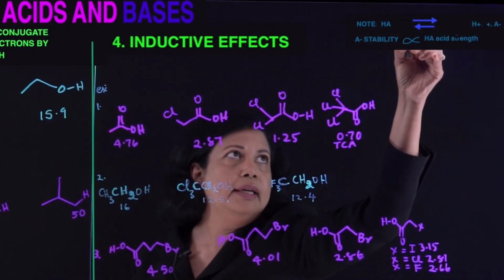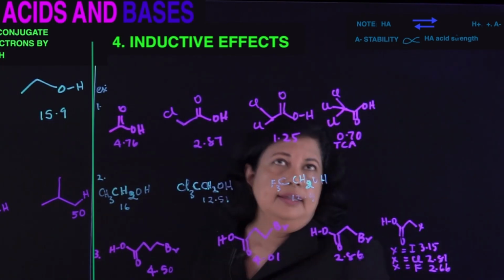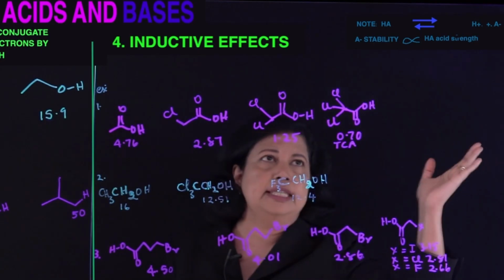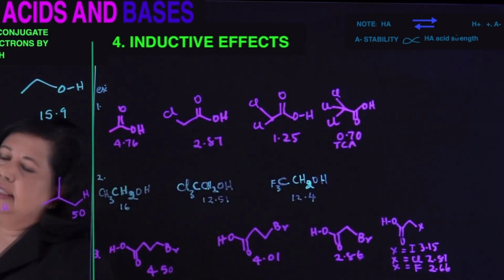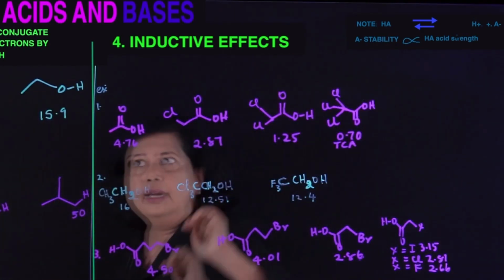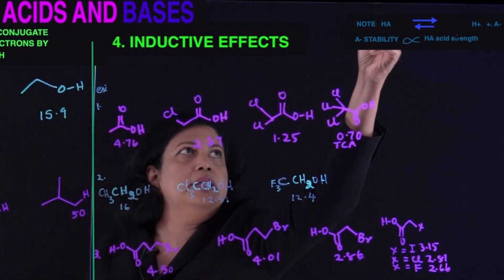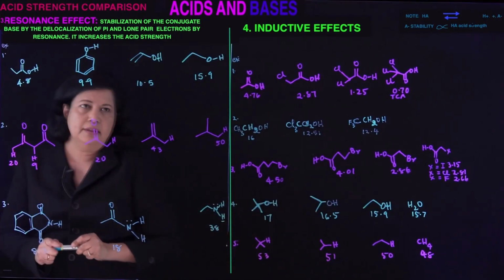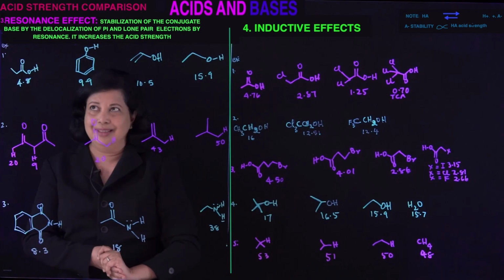So A minus stability is proportional to the acidity. So when we talk about acids and bases, forget about the acid, talk about the conjugate base. Because that's the guy who's going to determine if the equilibrium is going to shift to the right or not. So that's an important concept that's going to be throughout the semester, not just for this acid-base topic. Throughout the semester, you will see consequences for those.